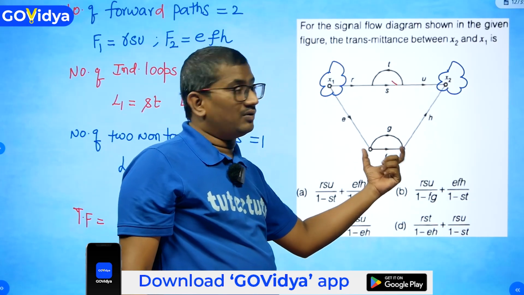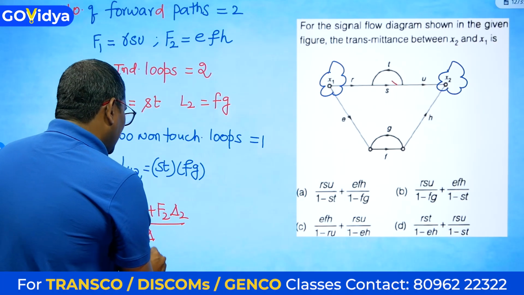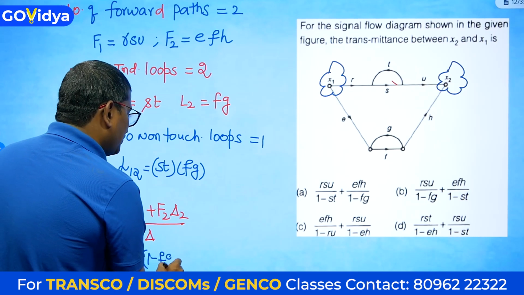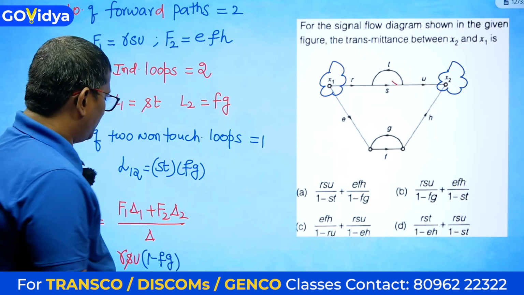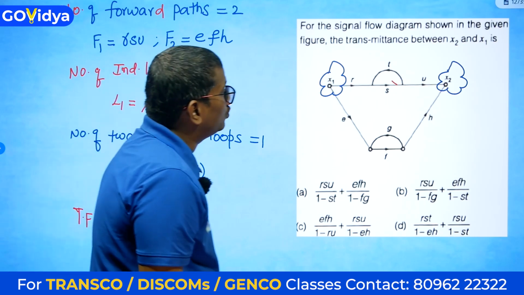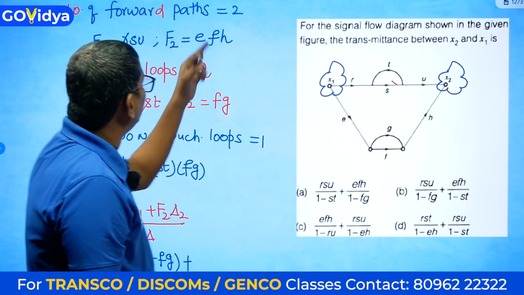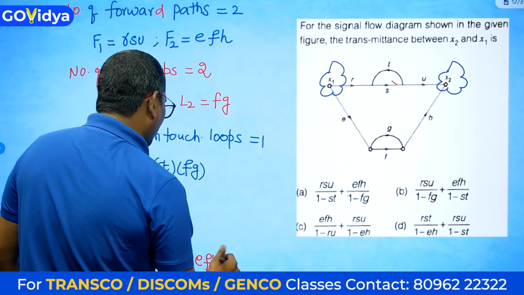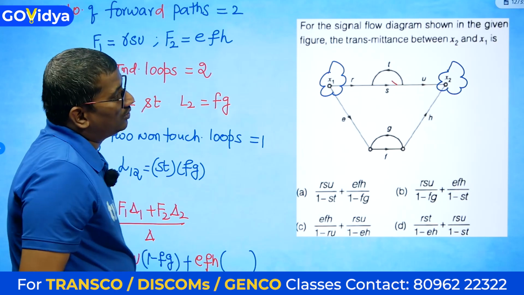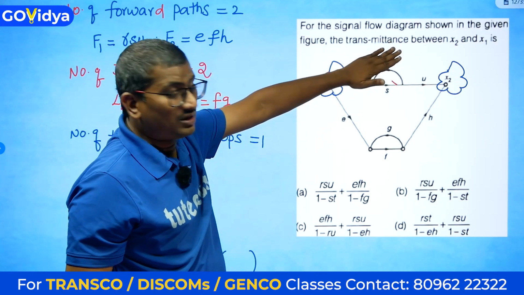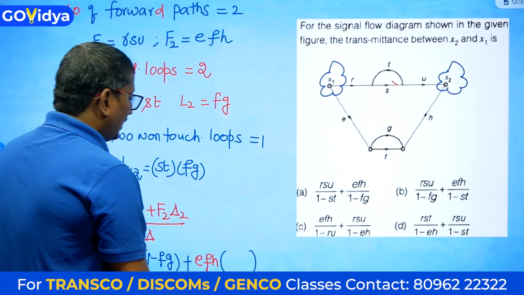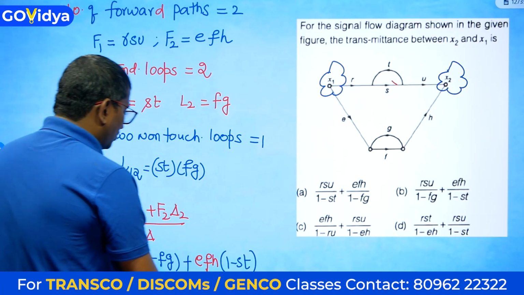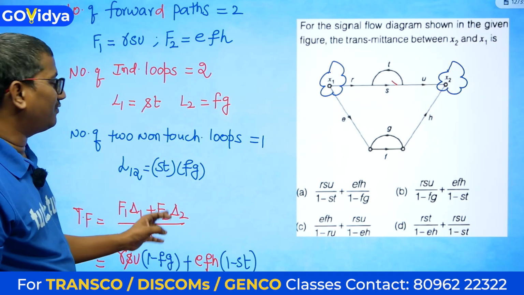So delta 1 is 1 minus FG, plus F2, the forward path EFH, which is E, F and H. And what is its delta 2? 1 minus ST, because this loop is not touching this forward path. So 1 minus ST, whole divided by delta. F1 delta 1, F2 delta 2 is over.